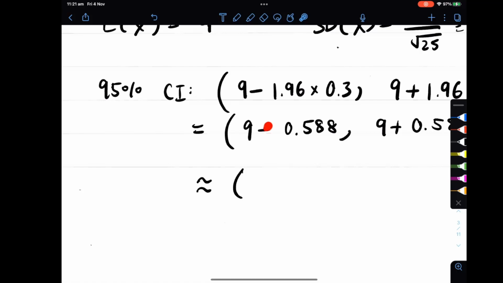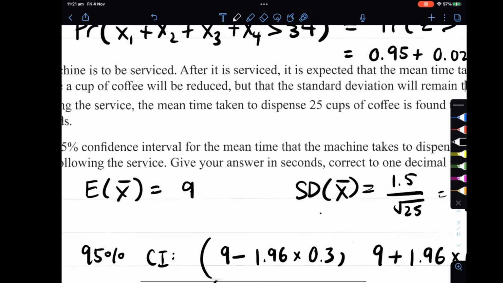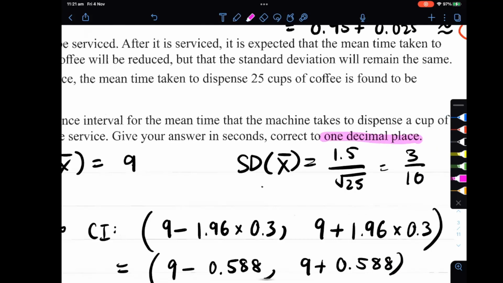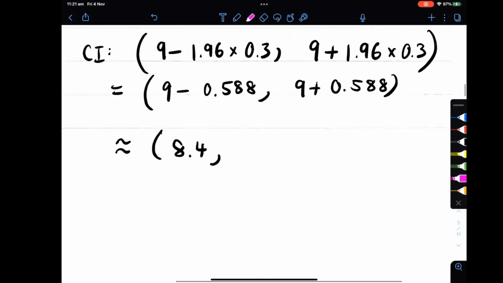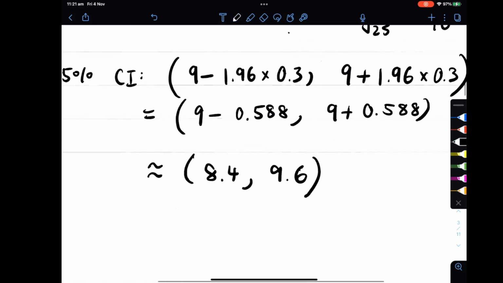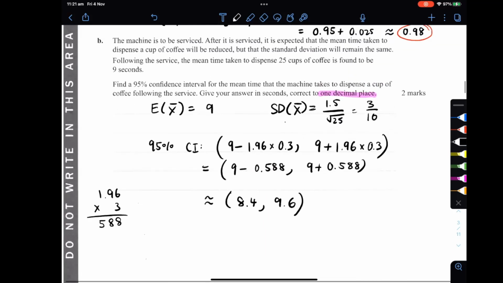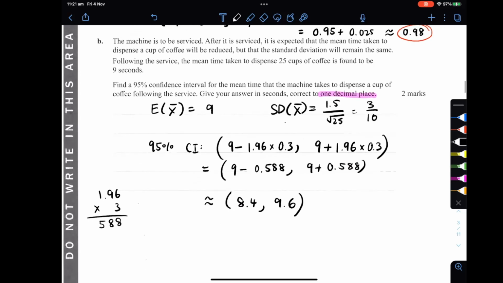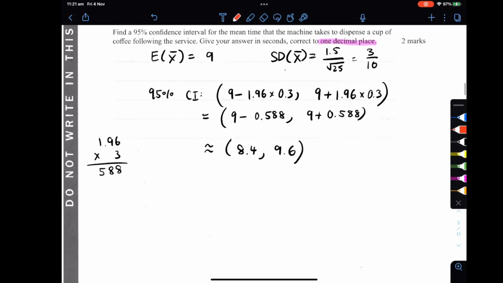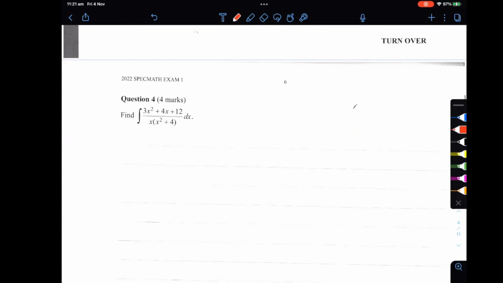Oh, it's going to be 8.412, which is approximately 8.4, because we have to round to 1 decimal place. For this one here, we're going to get 9.6 if we round it like that. Okay, so that's how I'll do that there. Seems like it's reasonable. Okay.